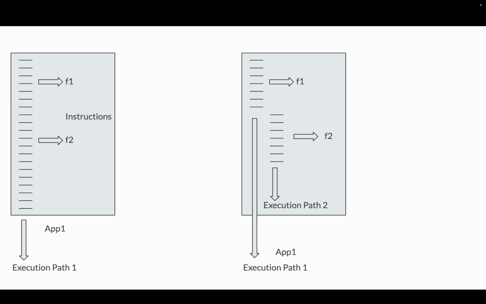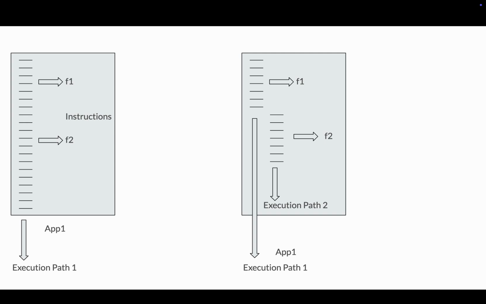But I want f1 and f2 to execute independently, since both of these functions are independent in nature. I can create one more execution path to execute f2 independent of f1. How do I do that? Let's understand.